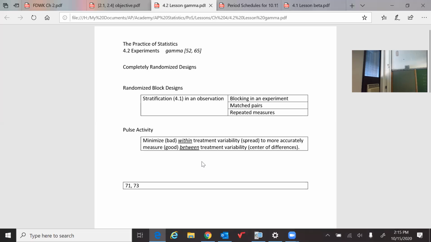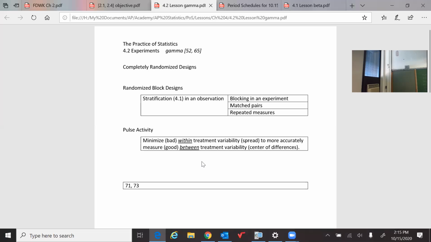The point of blocking, the point of using a matched pair or a repeated measure, is you want to minimize the within treatment variability, what exists inside, so that you can better measure the between treatment variability.